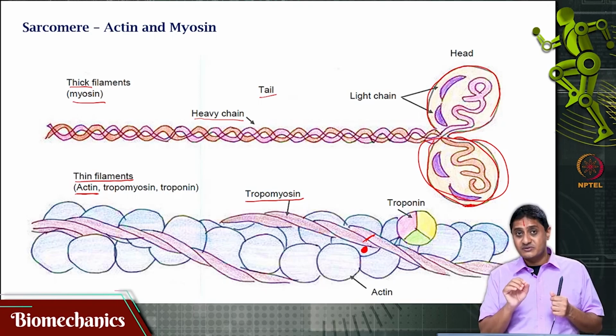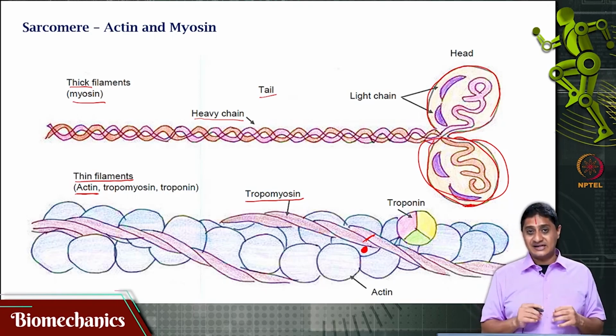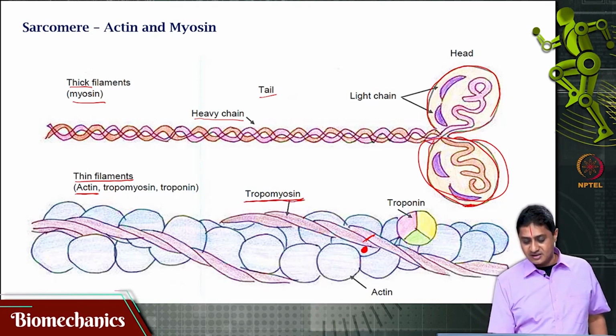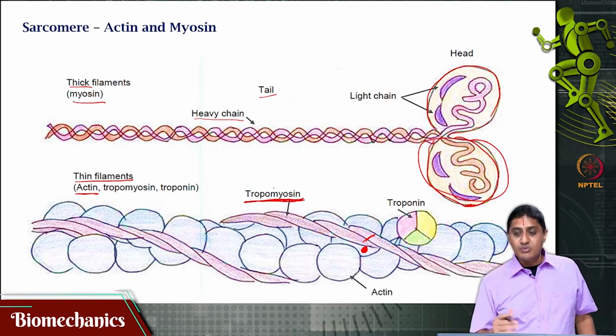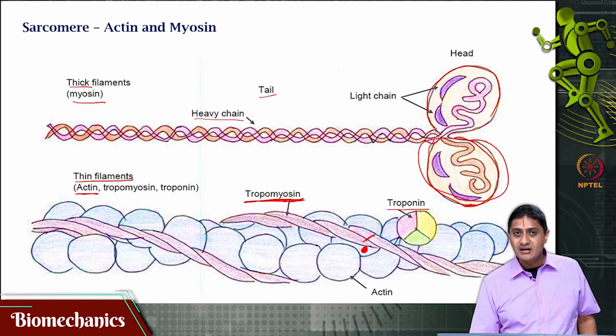This region where it can attach is called the active region or the binding site on actin, which is hidden by this rope-like or thread-like tropomyosin protein, which is moved by another protein called troponin. And why will troponin move it?